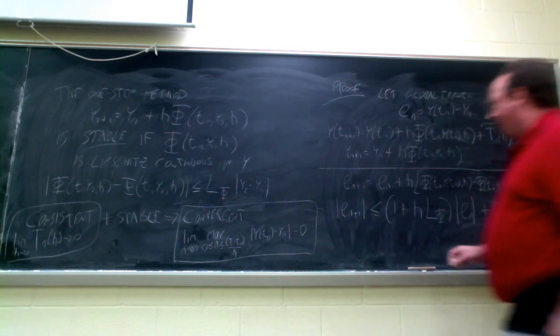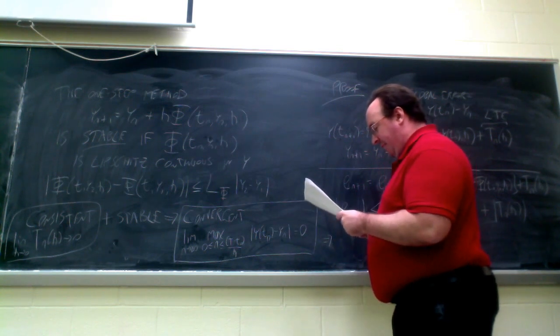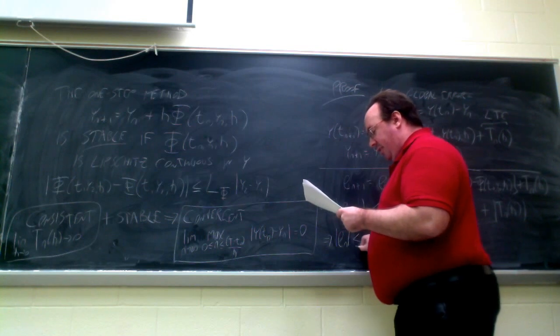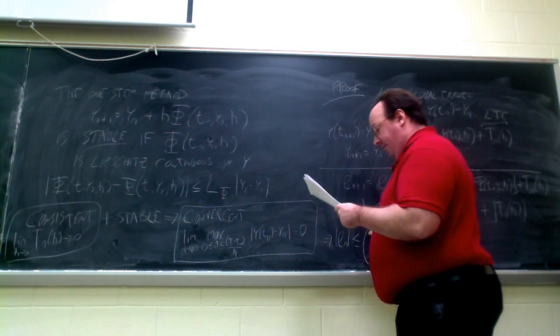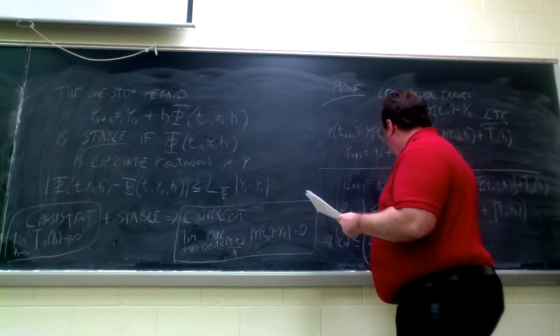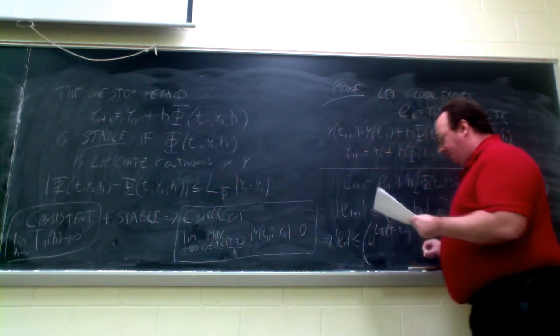So following that same proof, what you end up getting is E n is less than or equal to e to the L phi, and so on. So basically, if you mimic what I did last week for Euler's method, you'd see.